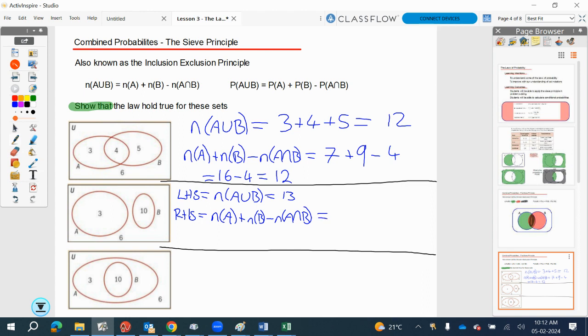So the number of elements in A is 3. The number of elements in B is 10. And the number of elements in the intersection is 0. This will give 13. Therefore, the left-hand side equals the right-hand side, and then we complete our proof correctly.